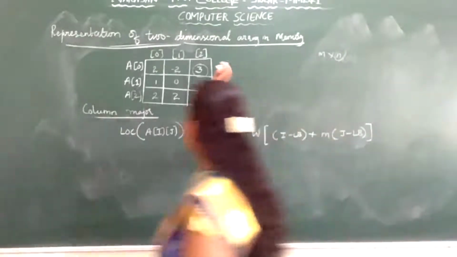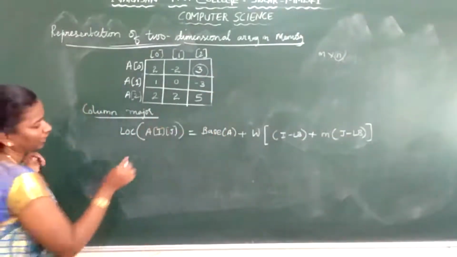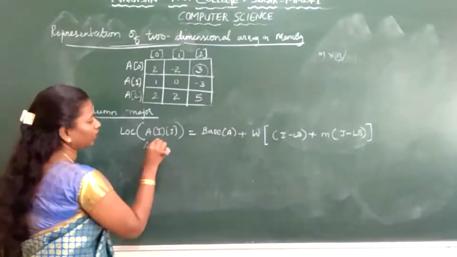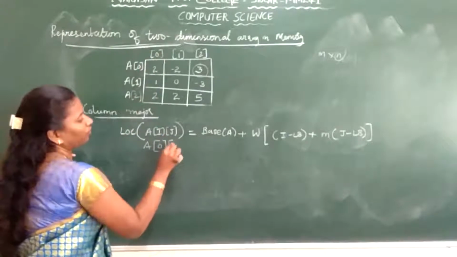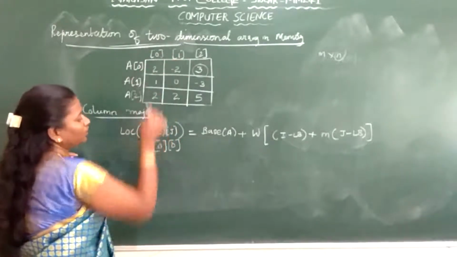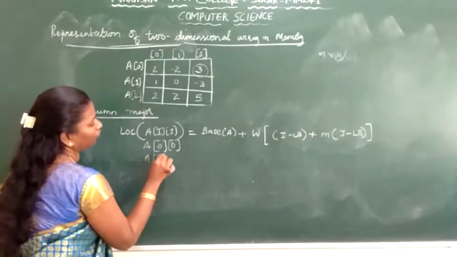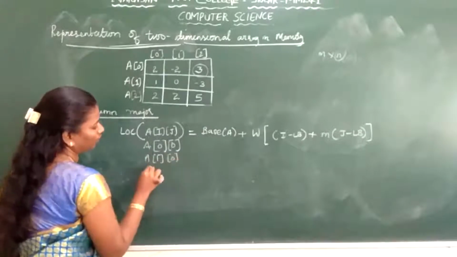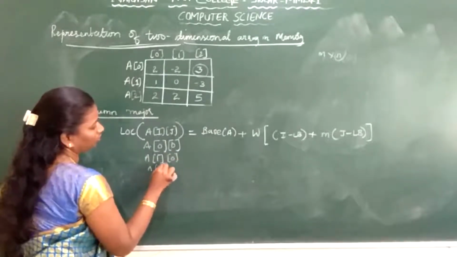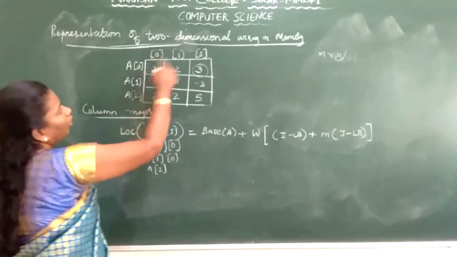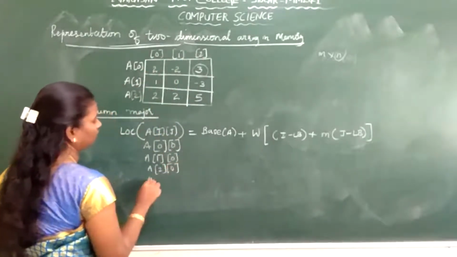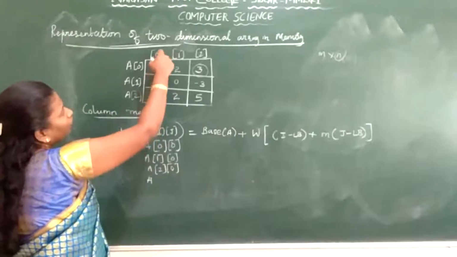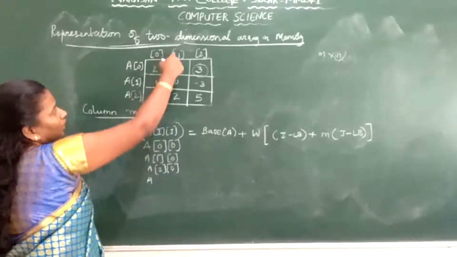Now I'll show how to do the representation of a two-dimensional array by using the column major. A of 0, 0, A of 1, 0, A of 2, 0. First I take this column, and next it will be the next column.